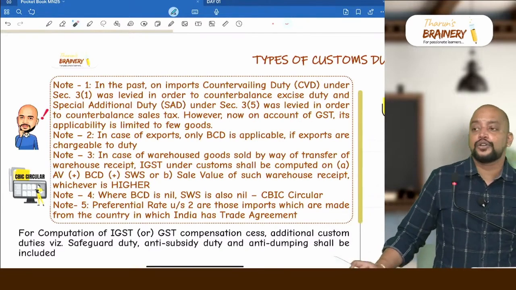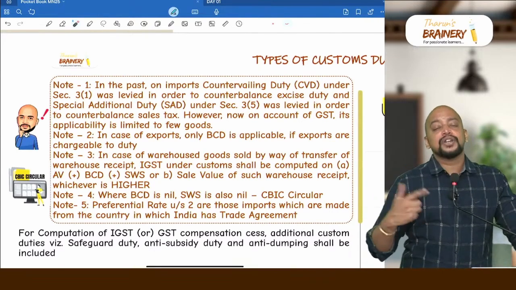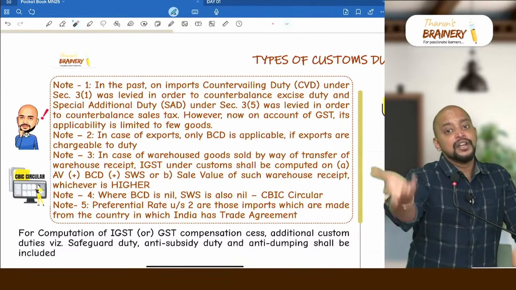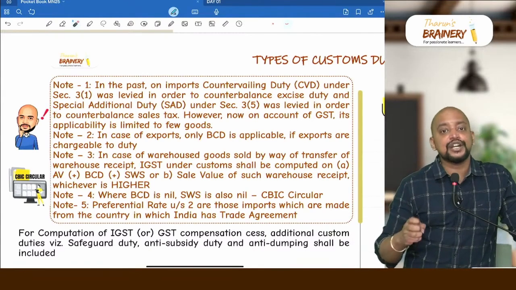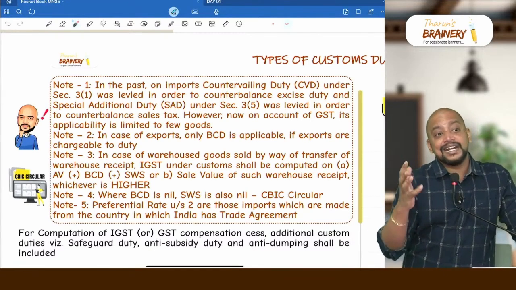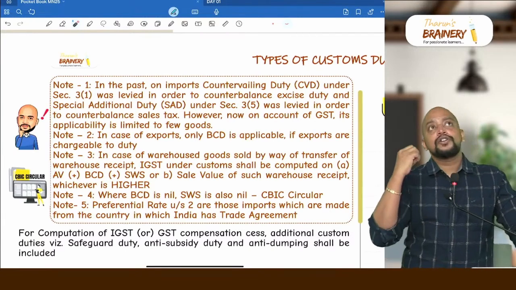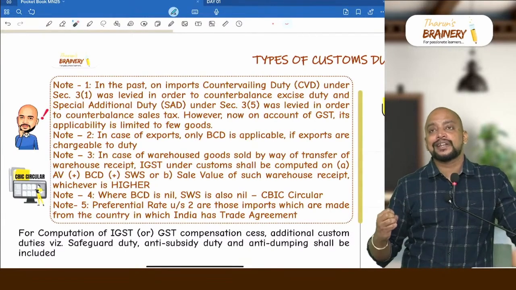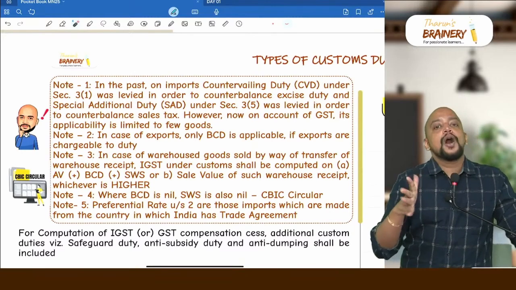What is option 1? Option 2. Option 1, that is in case of zero rated supplies under GST. Option 1, pay IGST and get refund of gross IGST. Option 2, export without payment of IGST under bond or LUT and get refund of ITC with respect to inputs and input services. But one of the disadvantages of option 2 is that, if you are exporting goods upon payment of customs duty, option 2 is not possible.